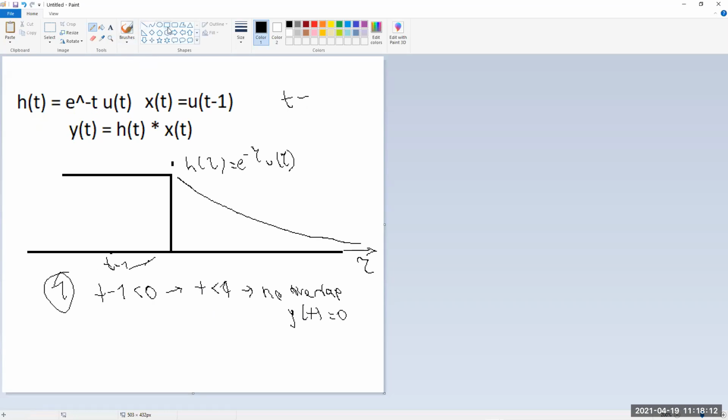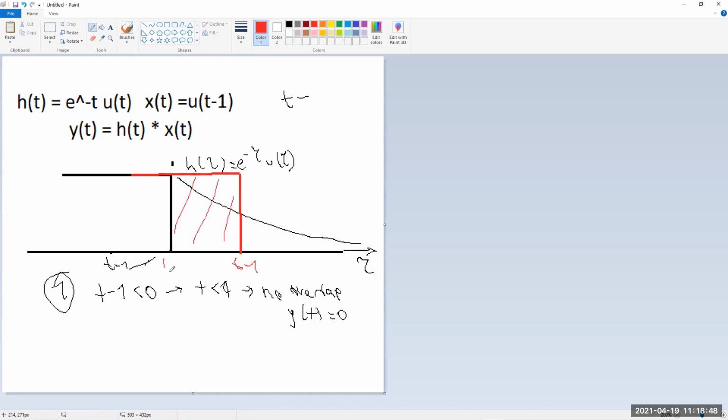And for the second part, what do we have? I have overlap. And what is the overlapping region?